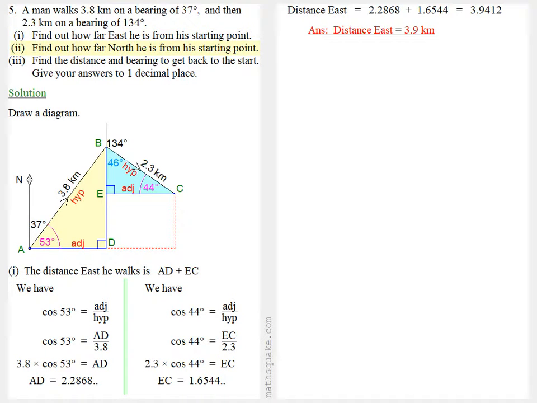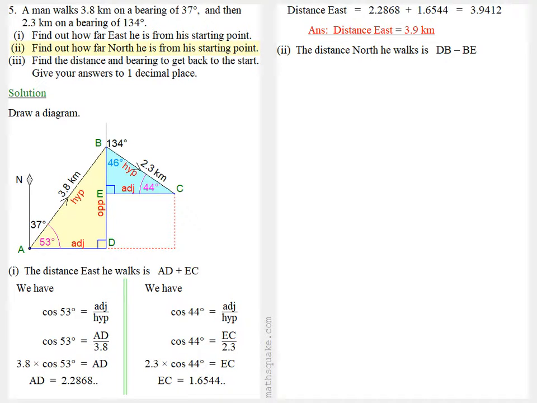Now, we want to find out how far north he has walked from his starting point. So the distance north that he ends up will be the length BD minus the length BE. So, to start with, we need to look at the triangle ABD. Now we want to find the length BD, and that's the opposite side.